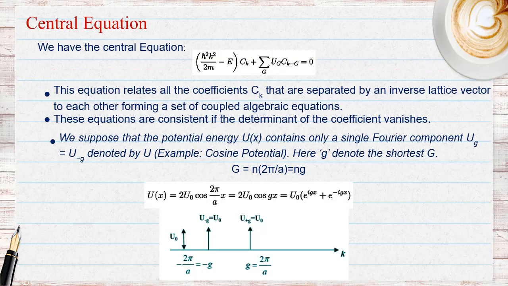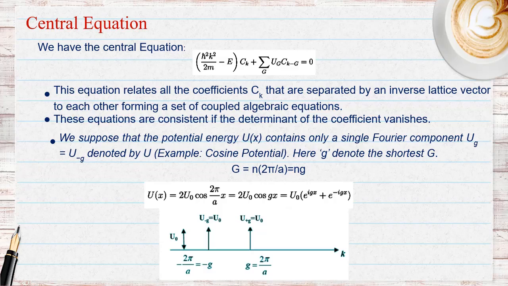Now let us consider the simplest periodic potential, a cosine potential represented by U(x) = 2U0 cos(2πx/a). Consider only the nearest neighbor interactions, so that the capital G is equal to small g or minus g on either side of k, where small g denotes the primitive inverse lattice vector, and capital G is equal to n times small g.